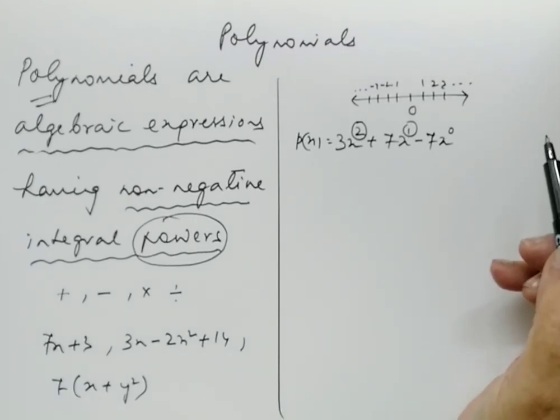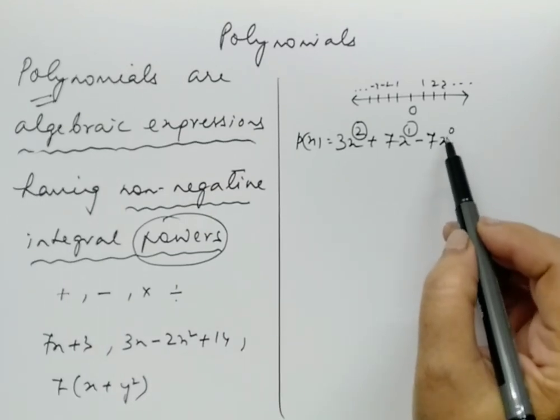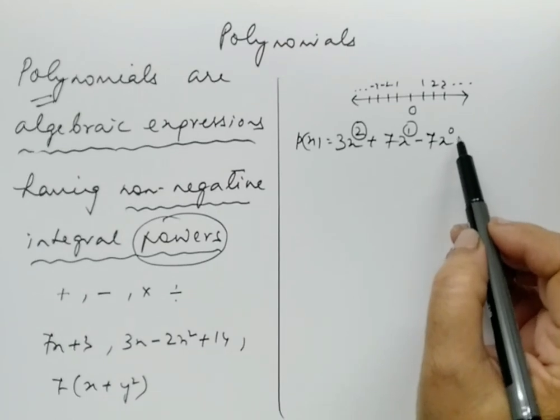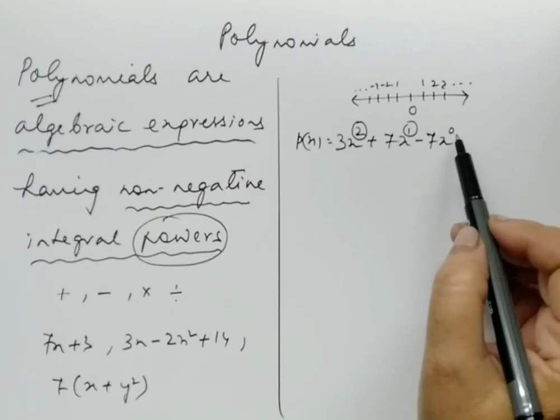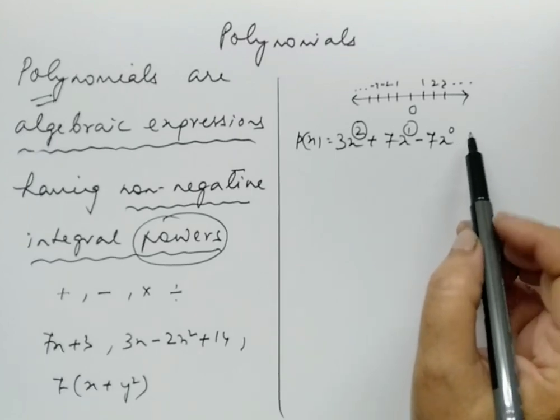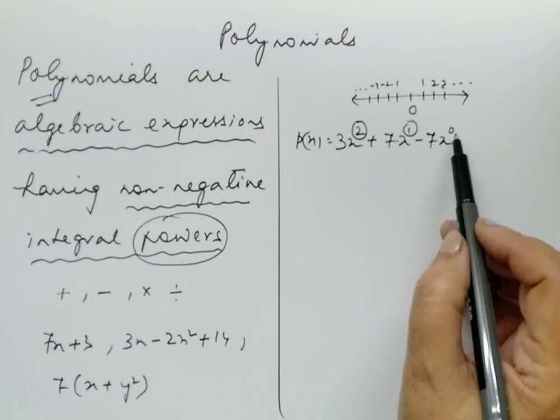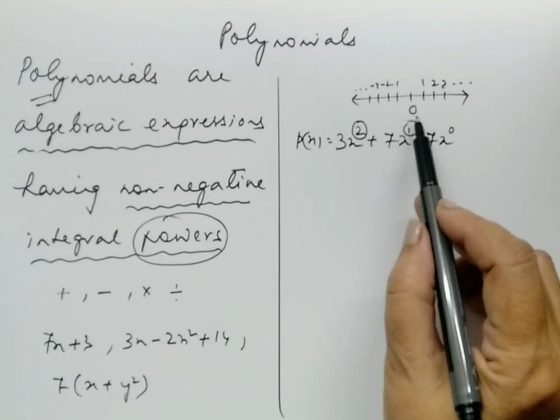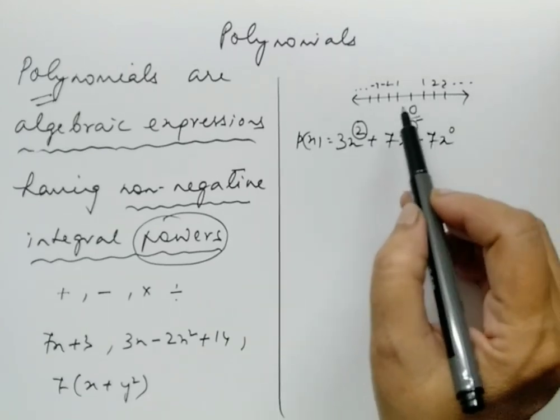Now you may be wondering whether this is non-negative or not. Is it negative or positive? No, it is neither. The power 0 is an integer which is neither positive nor negative.